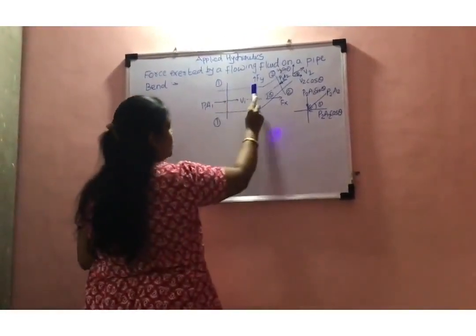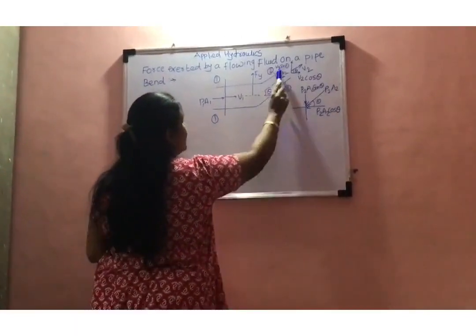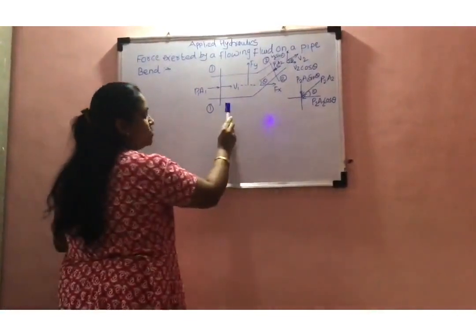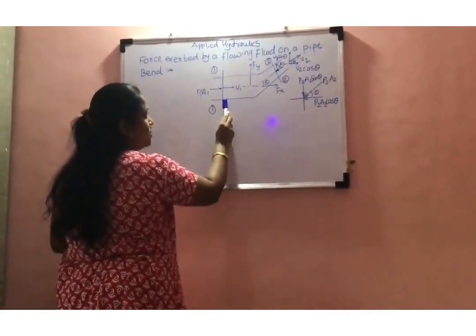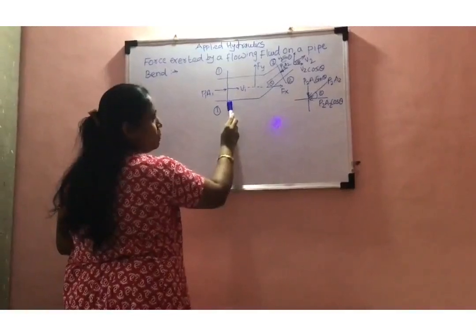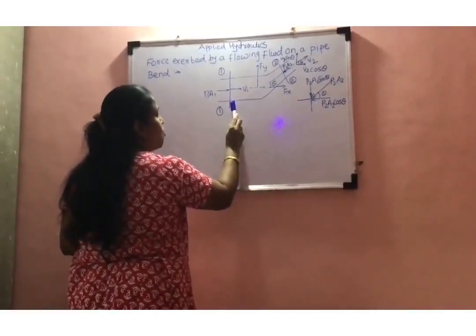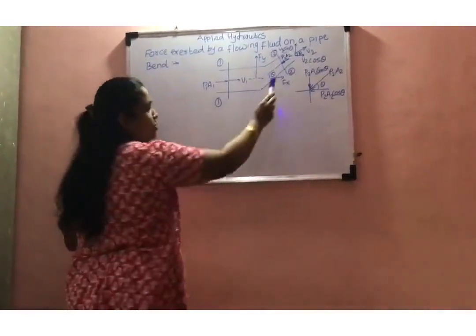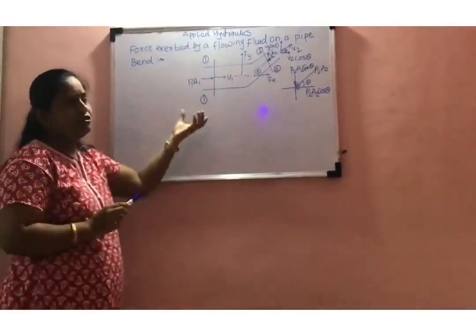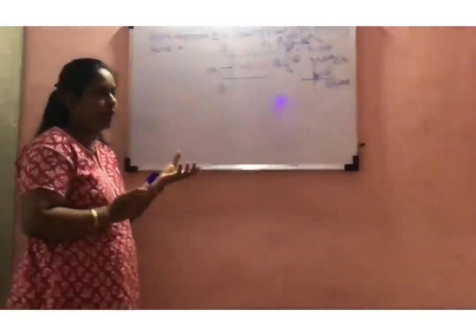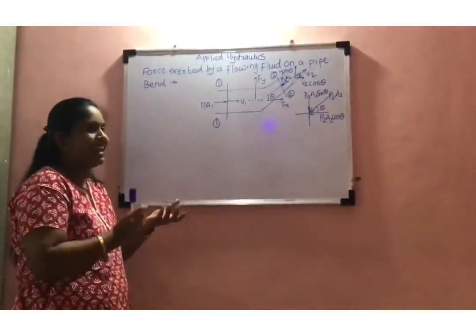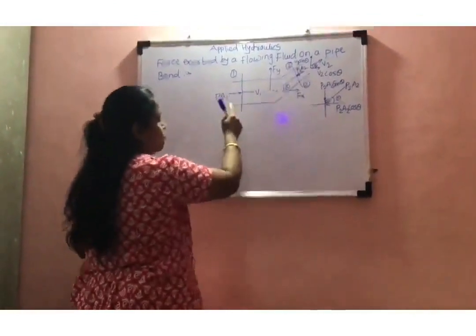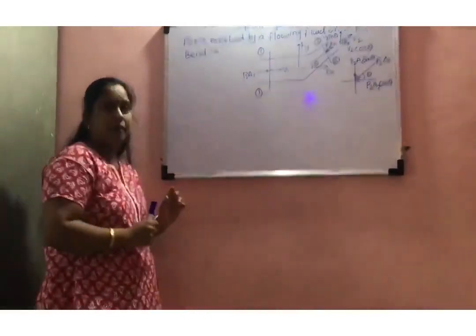Suppose here I am taking a reducer pipe, or we can say it is a bent pipe. Why is it a reducer? Because you can observe here the cross section 1 of the pipe is larger than the cross section at section 2. Reducer means what? All of you know that when a pipe is attached with the nozzle, the nozzle part is a reducer part.